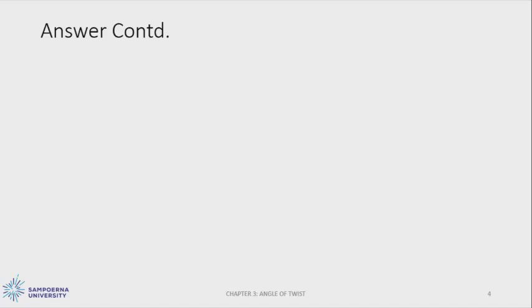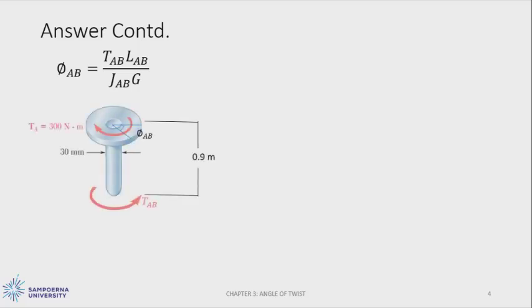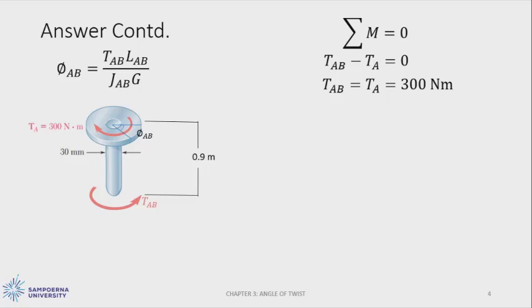In the first question, we need to find the φAB, or the angle of twist between rod A and B. We can use this formula to find the φAB: TAB times LAB over JAB times G. So, we need to find the internal torque exerted between rod A and B. We can use sigma moment equal to 0, and we will have TAB equal to TA, which is 300 Nm.